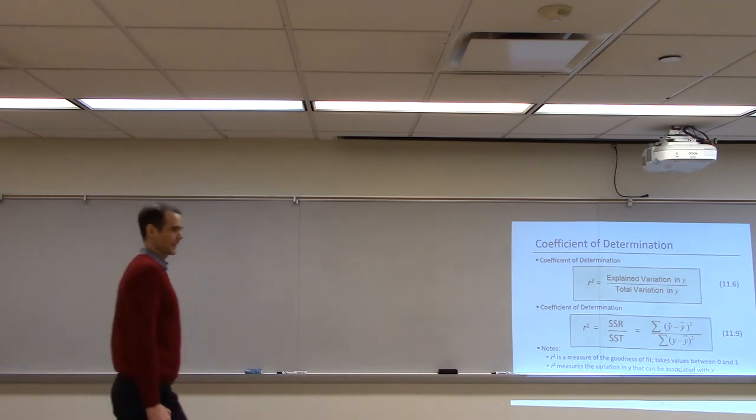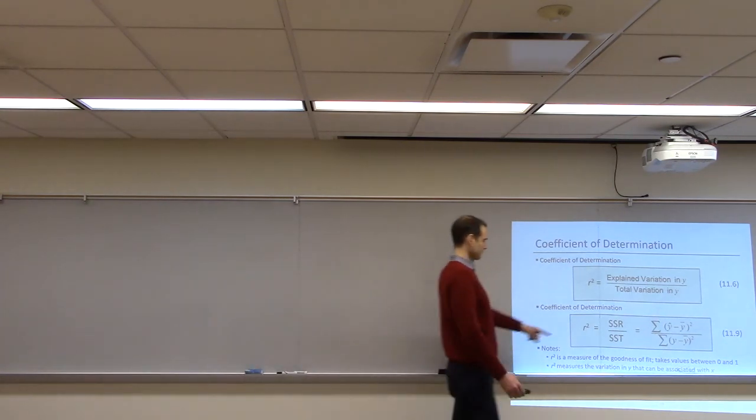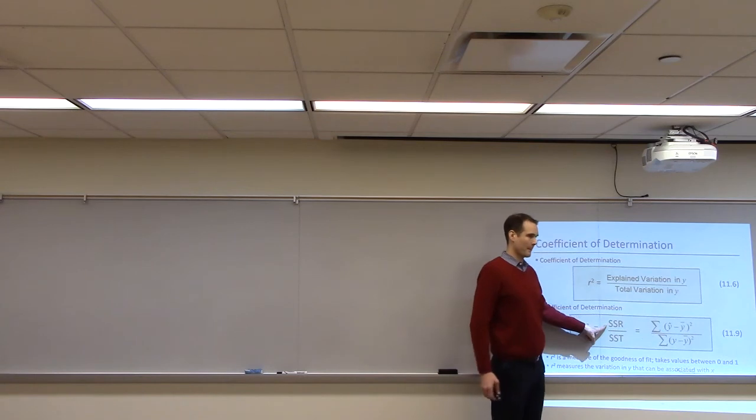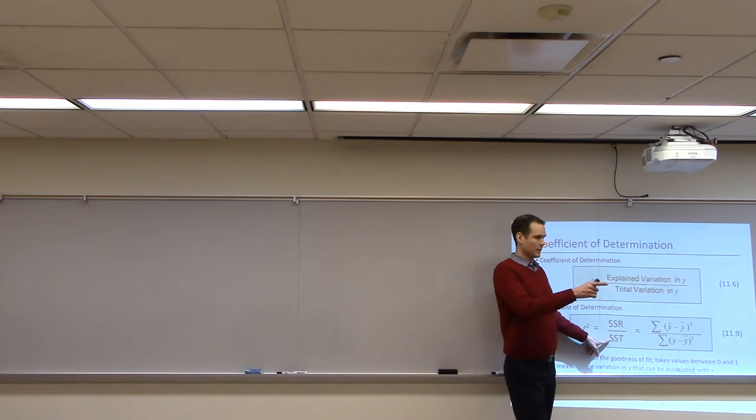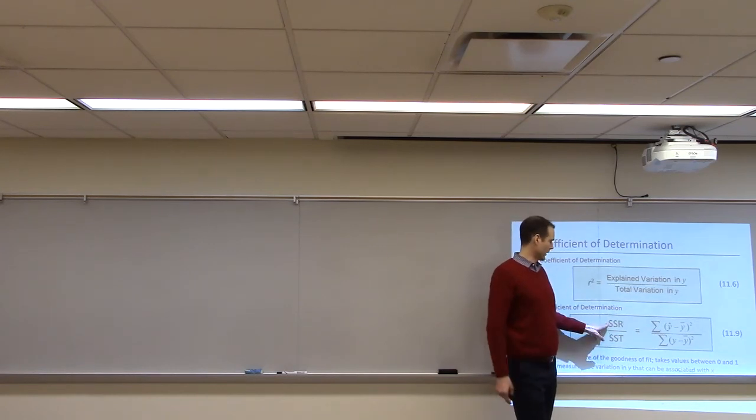So what's SSR? Sum of squared regression, also known as explained variation. And then the sum of squared total, total variation. All right, so we have the explained variation over the total variation.